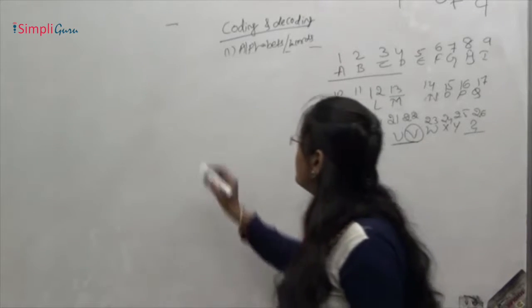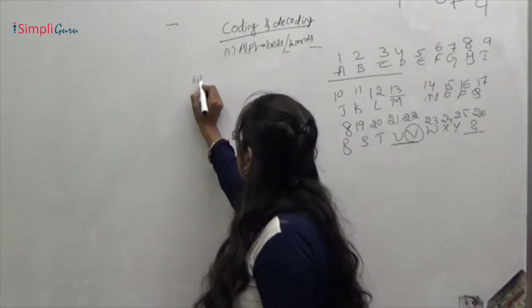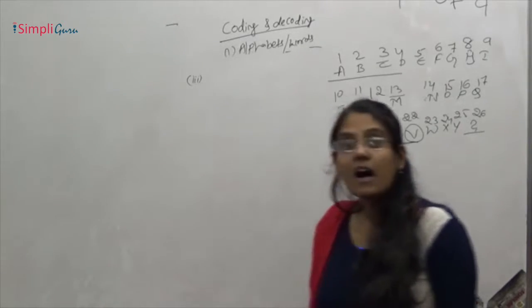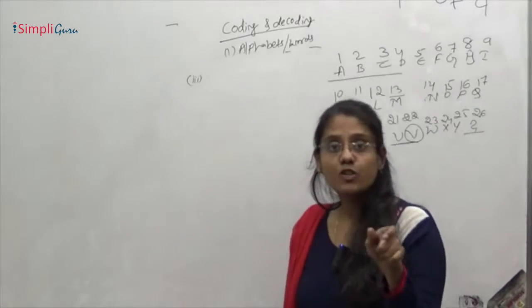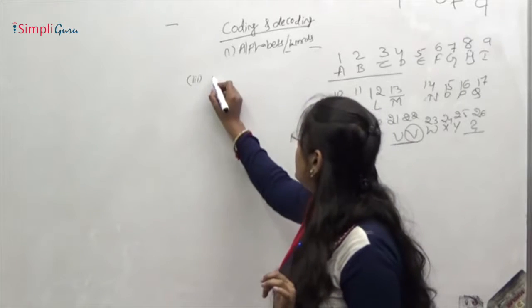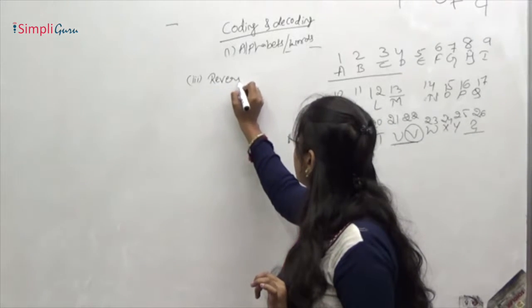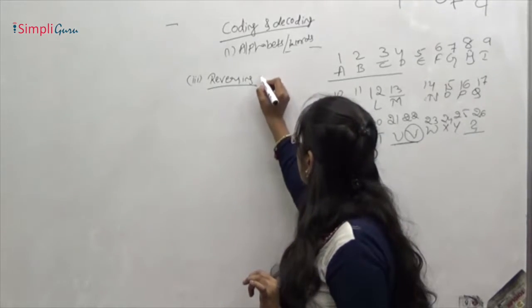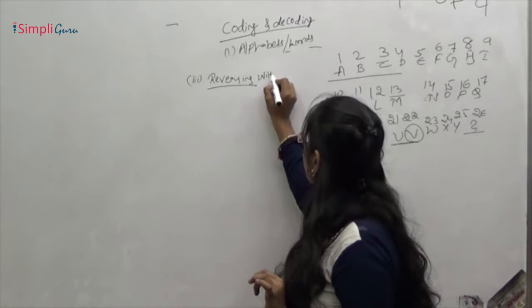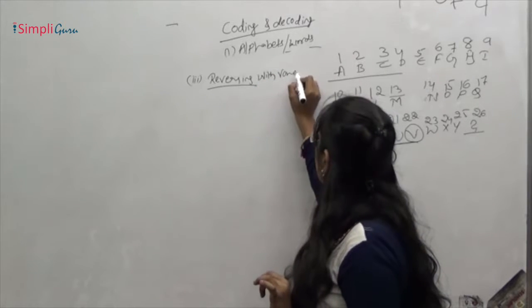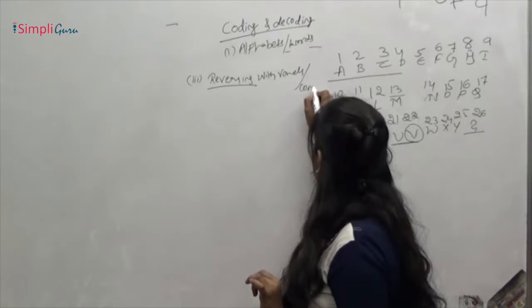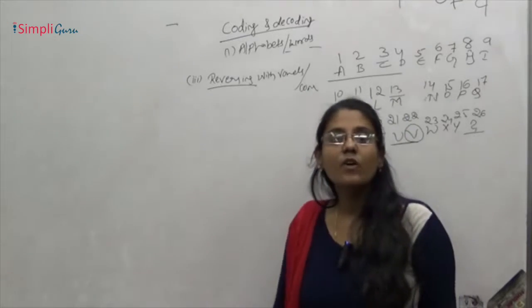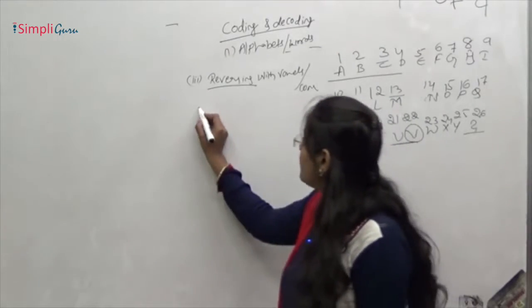Now the third type. Although the alphabets are in the question, I can consider this as reversing with vowels or consonants. Reversing with vowels or consonants. See how they will frame the question.